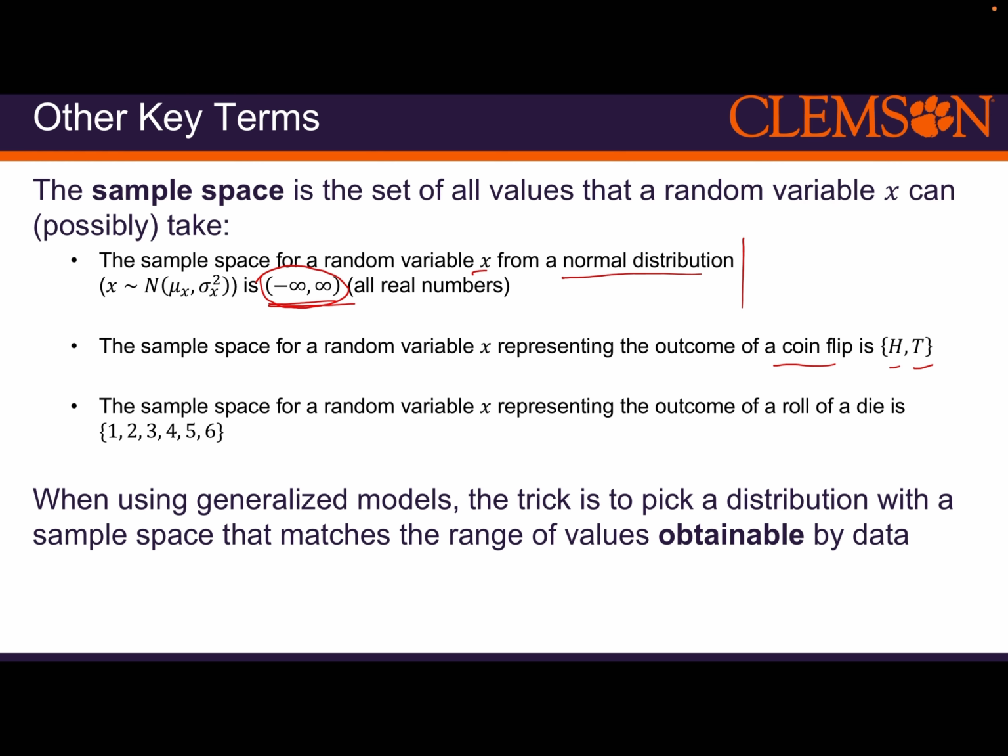More importantly, when we have a discrete distribution, we often put the set of values into set notation, where we see braces on either side, and the discrete values that the outcome could be in the center, separated by commas. Likewise, if we try this with the roll of a six-sided die, and we talk about the number of dots facing up once we roll the die, the sample space for that random variable would be the numbers 1, 2, 3, 4, 5, 6.